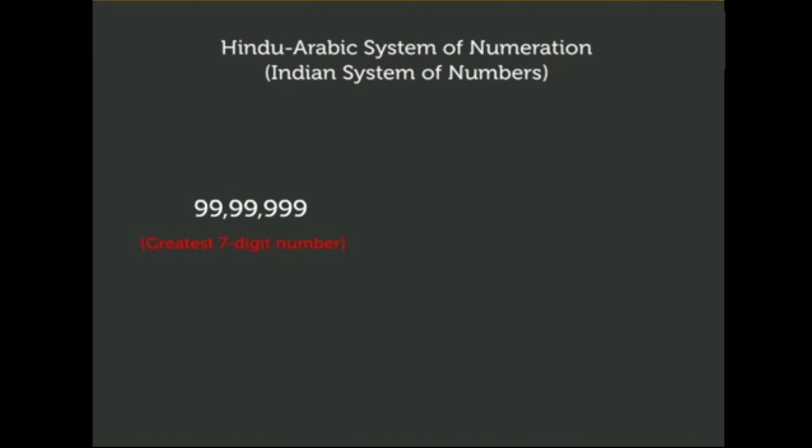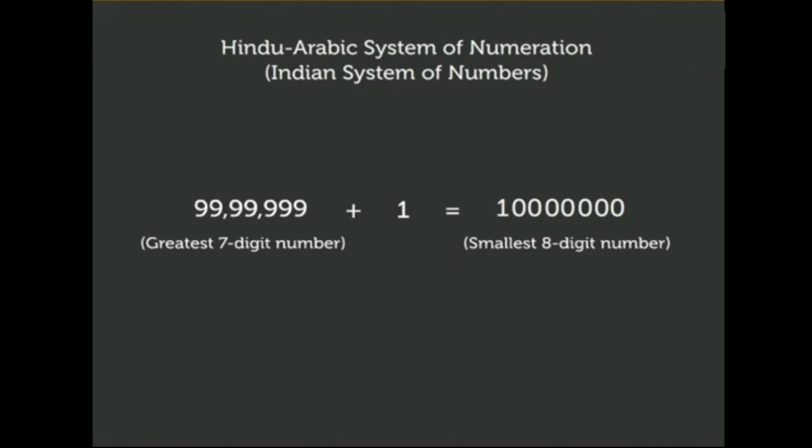The greatest 7-digit number is 99,99,999. And when 1 is added to it, we obtain the smallest 8-digit number. As you can see, we write it as 1, 0, 0, 0, 0, 0, 0, 0, and we read it as 1 crore.